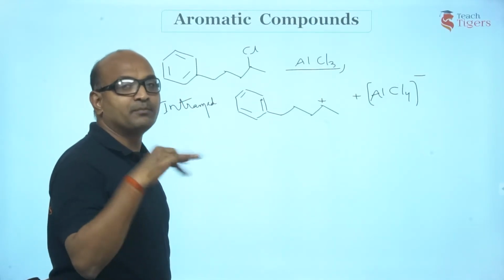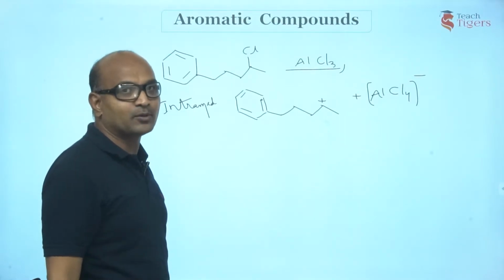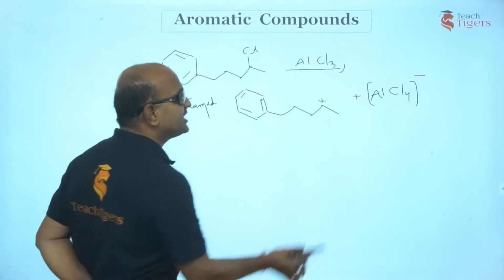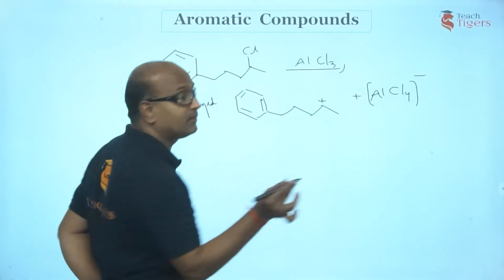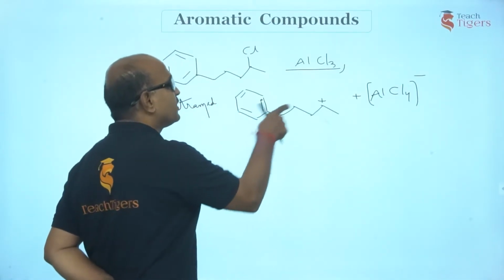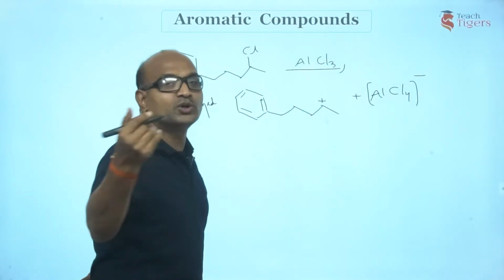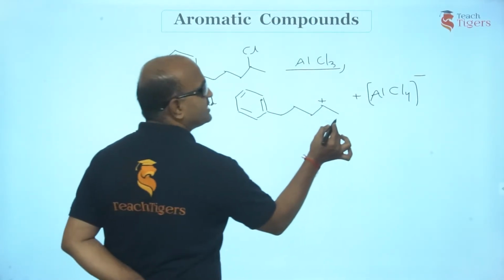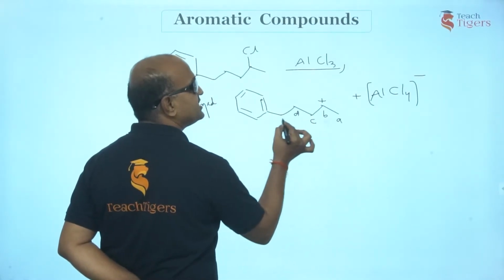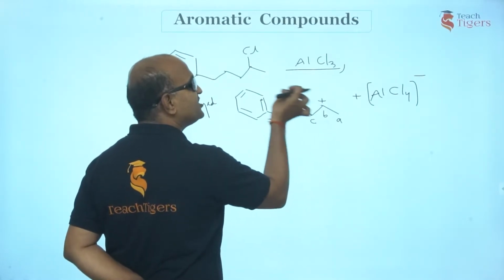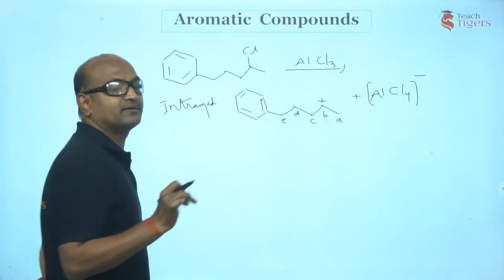The pi bond would break, resulting in arenium carbocation. So now who is the attacking species? First of all, let me letter it, not number it, because you'll get confused whether this is 1 or 2. Why did you number from here? So to avoid that, I'm just lettering it. Say this is A, this is B, C, this is D, this is E. So this is the B atom which is going to attack this carbon.